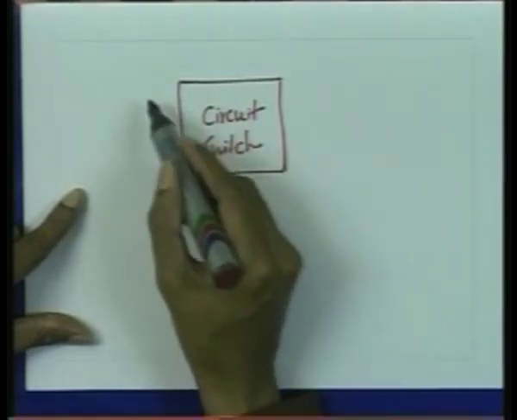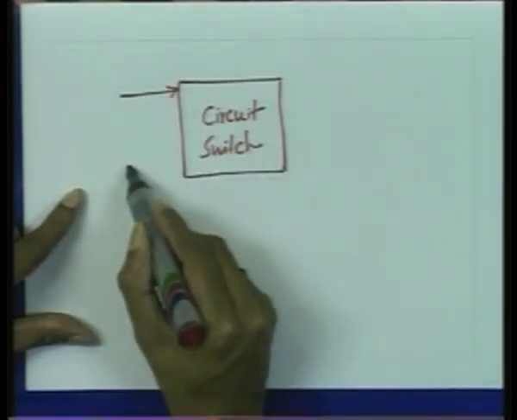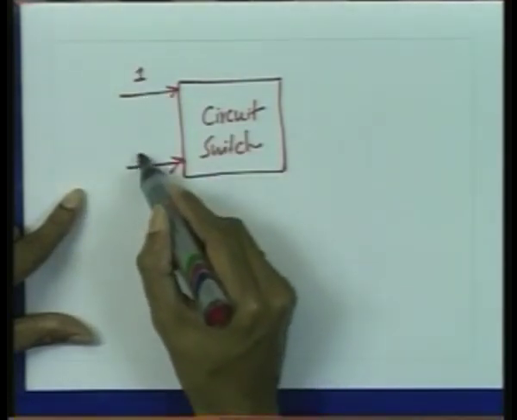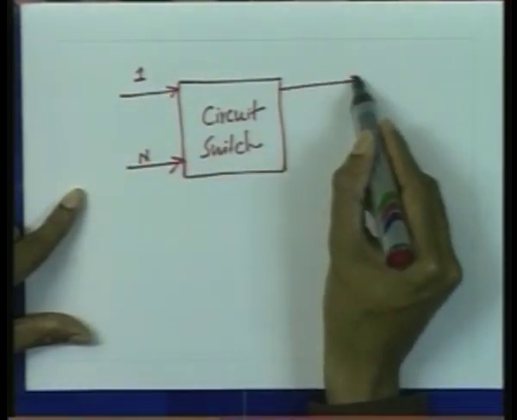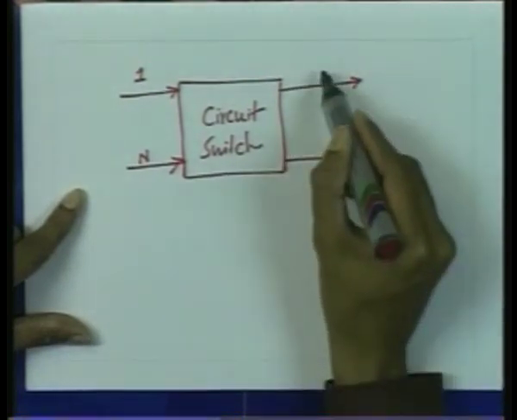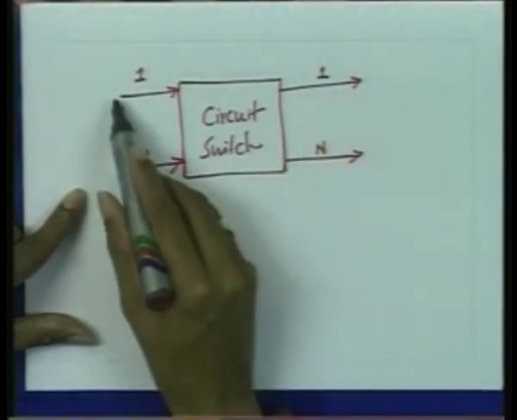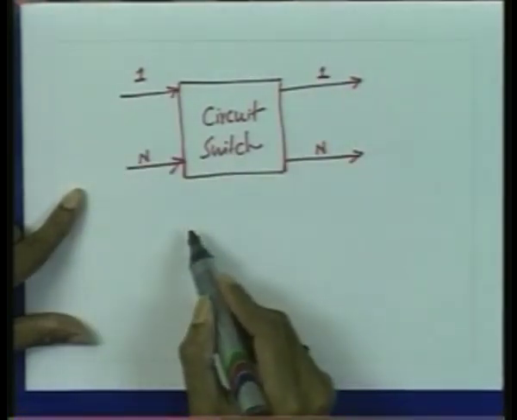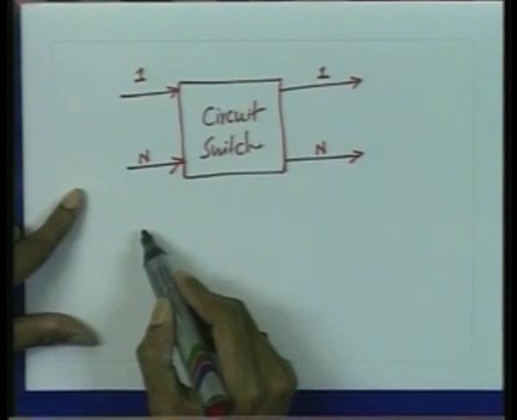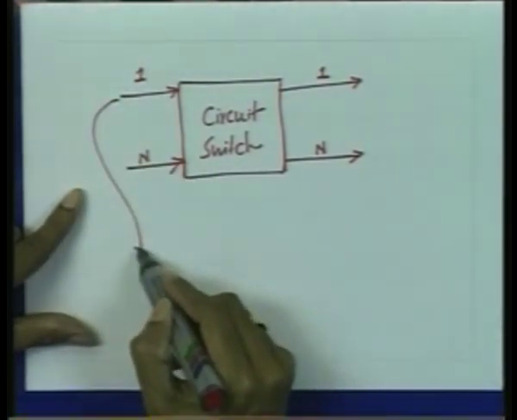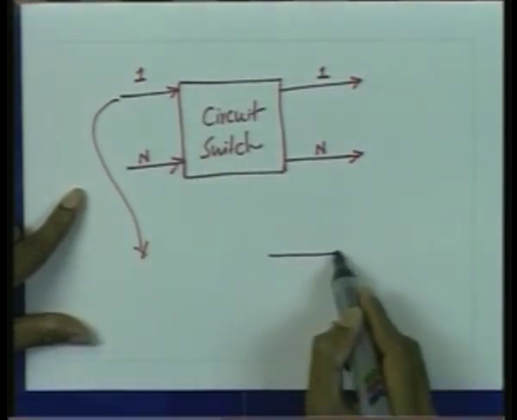which could be an n cross n switch, where there are 1 to n input ports and 1 to n output ports. Now on each of these input ports, there may be multiple connections which could be multiplexed. Let us see how each of these input ports may look.